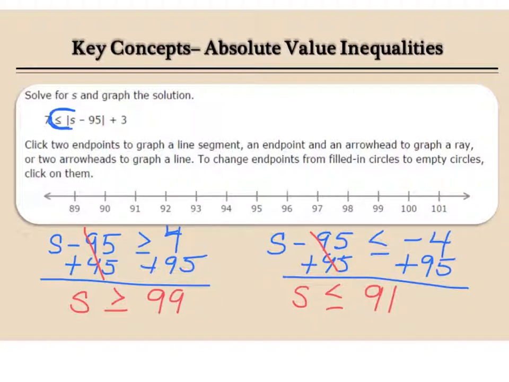Because it's an OR, well, first of all, because the inequality symbols are underlined, they're closed circles. So I'm going to make one at 99 and one at 91. And then because it's an OR inequality, that means the arrows point outward. And s is greater than or equal to 99, s is less than or equal to 91.